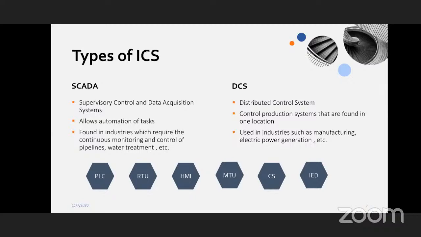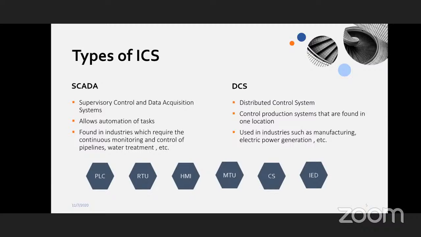A SCADA system can acquire and transmit data and is integrated with a human-machine interface that provides centralized monitoring and control for numerous process inputs and outputs. The primary purpose of using SCADA is for long distance monitoring and control of field sites through a centralized control system. Suppose a worker has to travel a long distance to perform a task or gather some data. A SCADA system is used to automate this task.